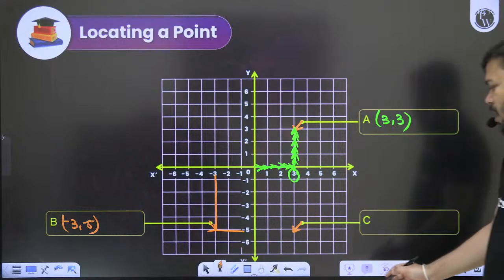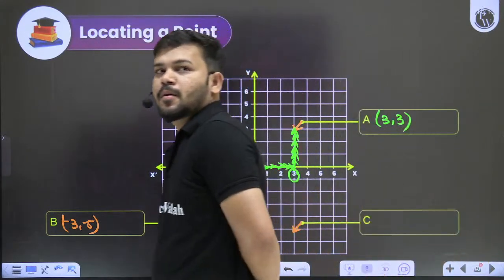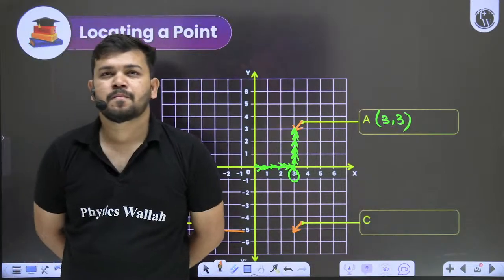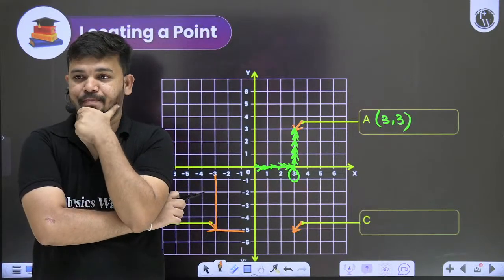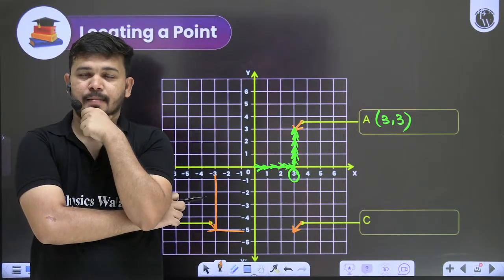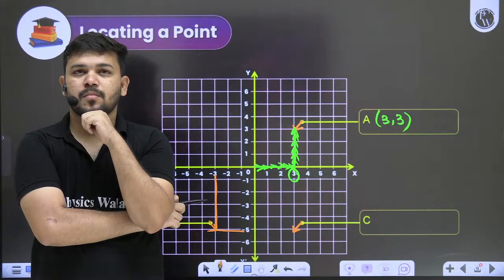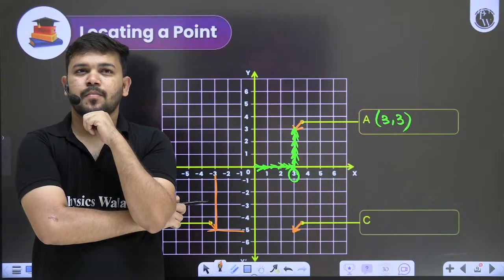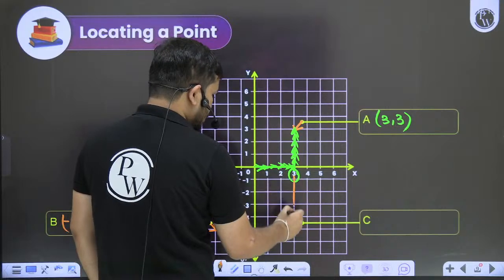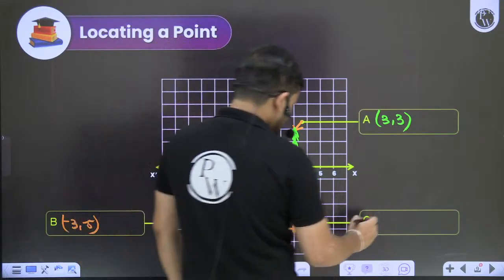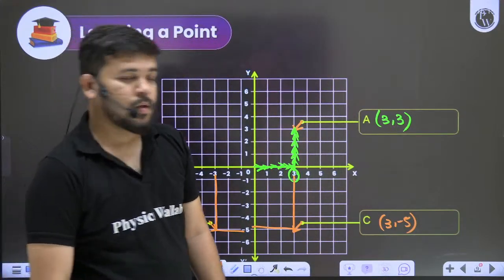Now tell me the coordinates of the point C. So the point C coordinates will be what here? You need to travel from this and this. Then you can see here 3 comma minus 5. These are your coordinates of it. Right? Yes.